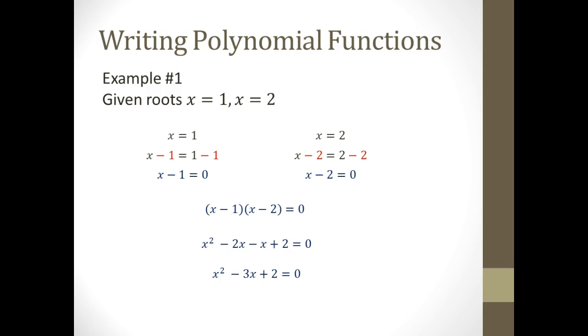When I combine my like terms, negative 2x and negative x, I get negative 3x. So my polynomial is x squared minus 3x plus 2.